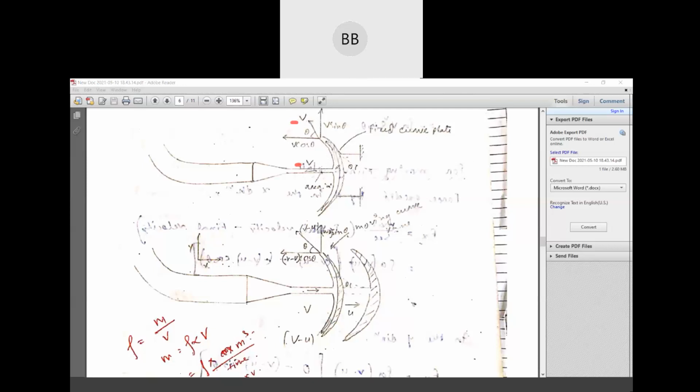You all know when it strikes, it loses some energy, and when it moves out there will be friction. So this velocity and this velocity practically cannot be the same. Theoretically, we are considering both velocities the same, before strike and after strike. This is just an assumption.